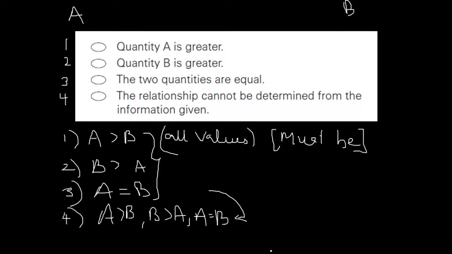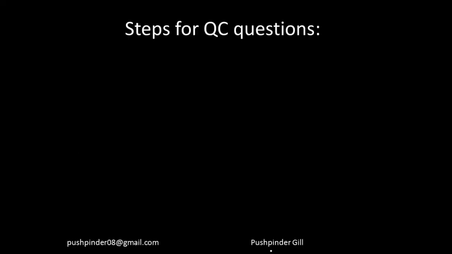Now let's do the steps you should follow for quantitative comparison questions. There is always a quantity A and a quantity B. I'll state just one step, and then do a question so that you understand it. You should not be following the algebra model completely, asking why quantity A is greater or why quantity B is greater.